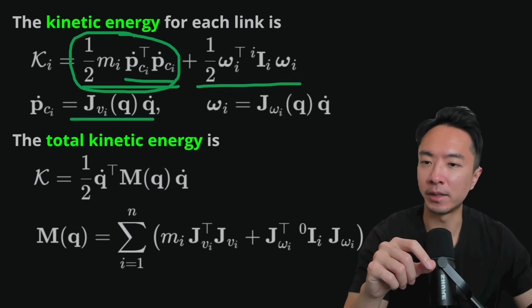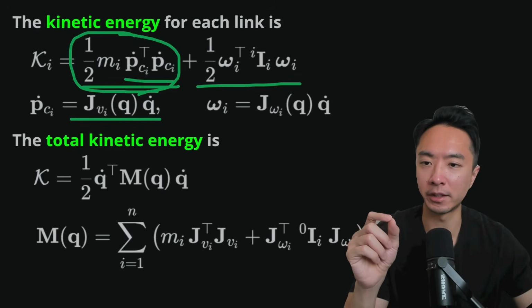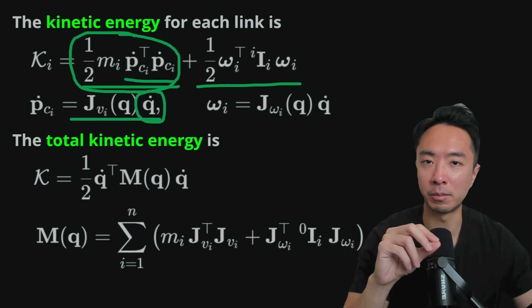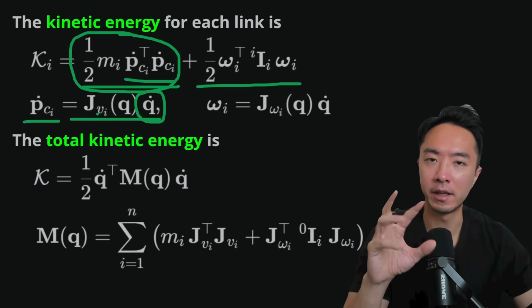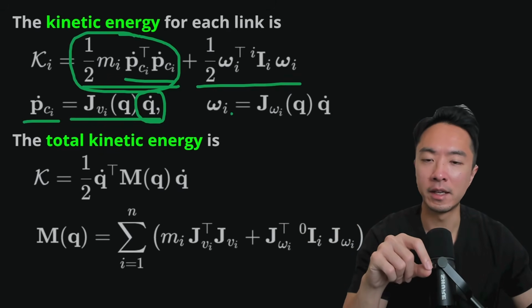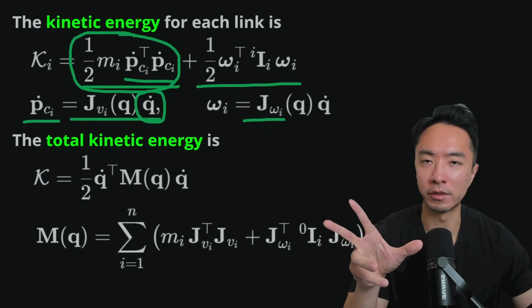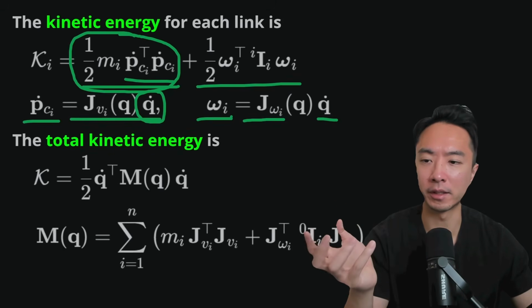We can obtain this by using the column of the Jacobian that corresponds to that link multiplied by q dot, because we can take the rotational part of each joint and convert it to the linear velocity by the definition of the Jacobian. Same thing for the rotational part: we take the rotational part of the Jacobian matrix, multiply it by q dot, and then we get our omegas.